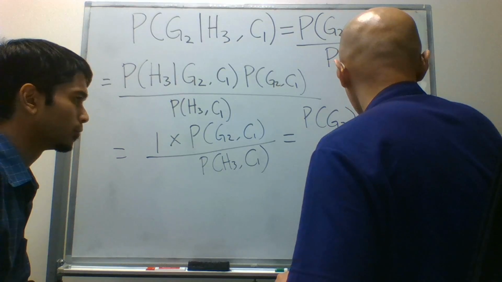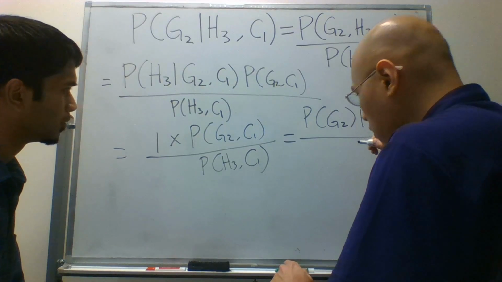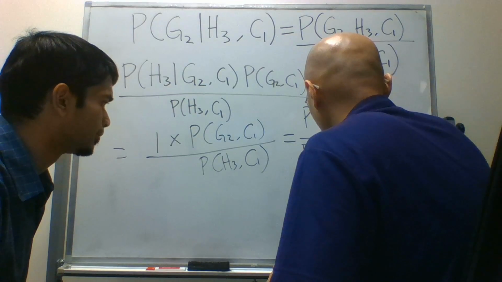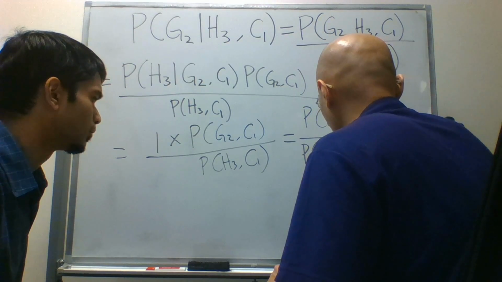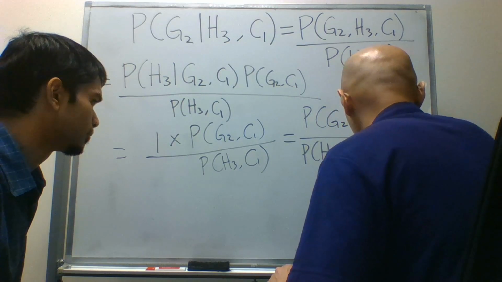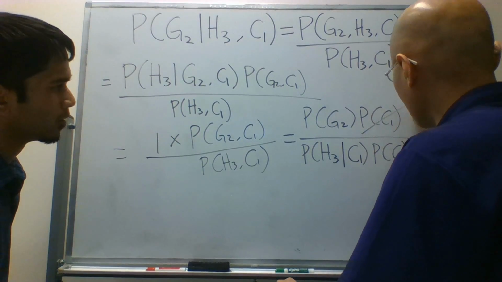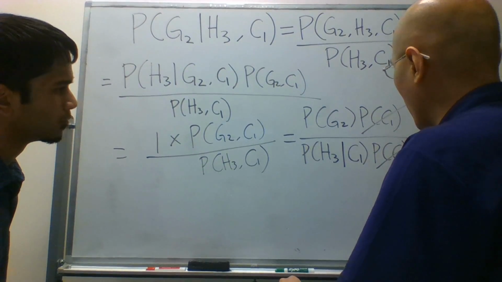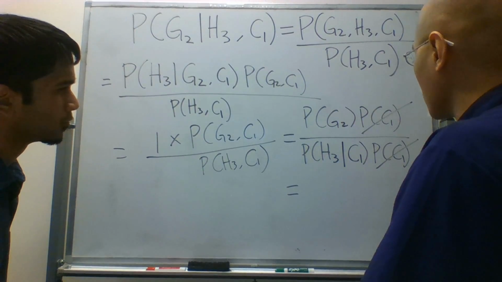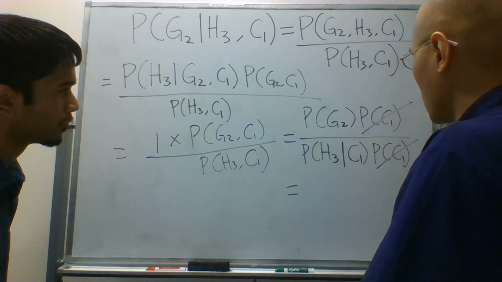Now, by the definition of joint probability, we can rewrite this as P of H3 conditioned on C1 times P of C1. And now these two cancel, and we know that the probability of the gold being behind door number 2 is 1 over 3.